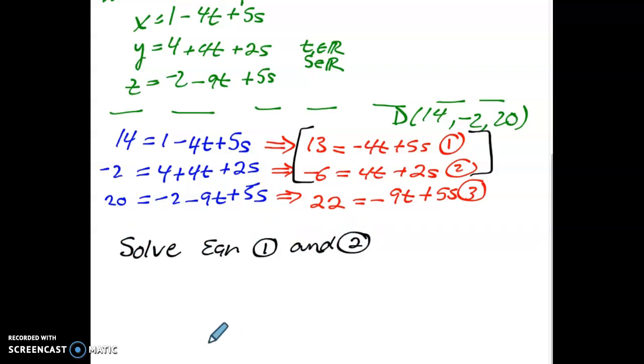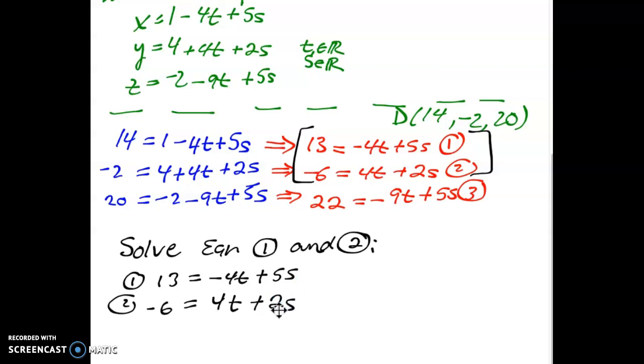And it always helps if you write what you're doing, especially when we're working with multiple equations. So equation 1 and equation 2. And I'm going to use elimination because these already have the same coefficient just with opposite signs.